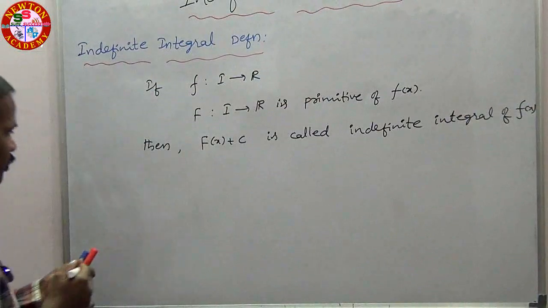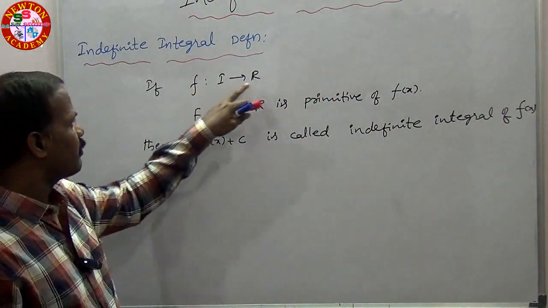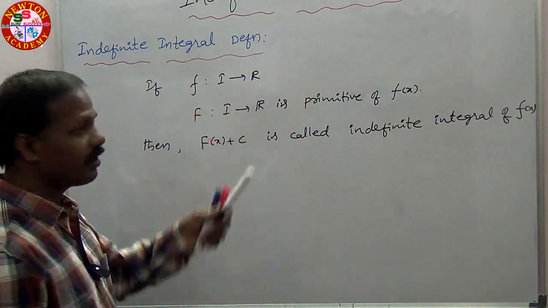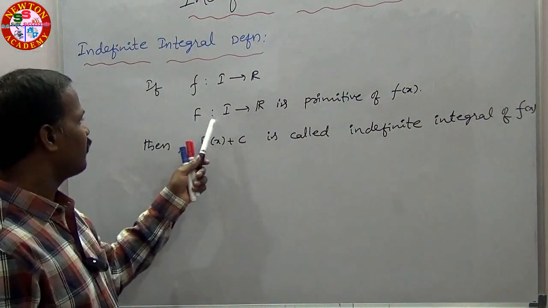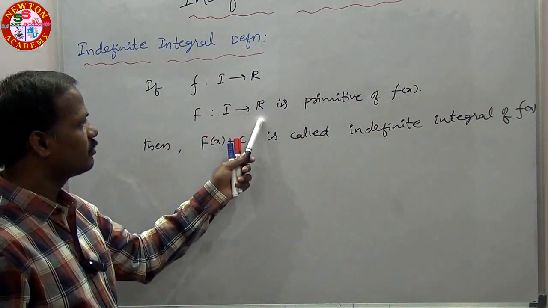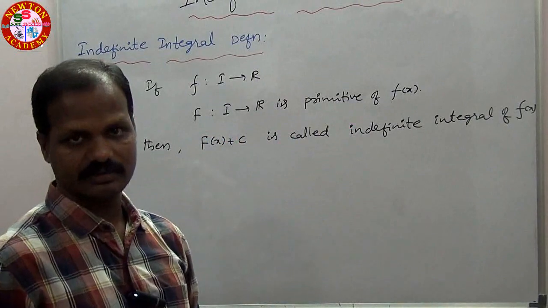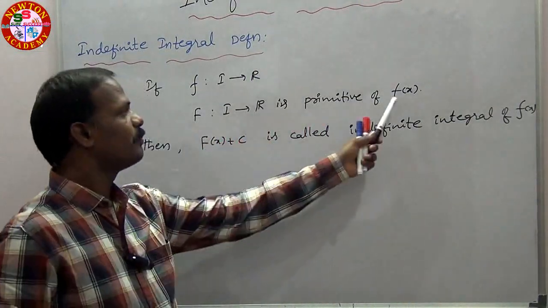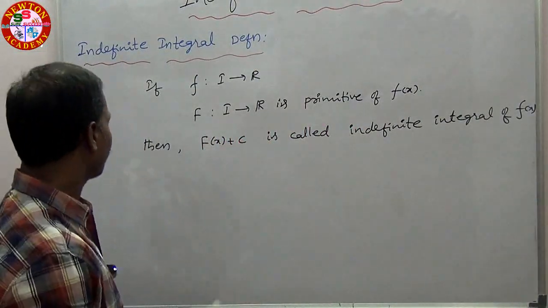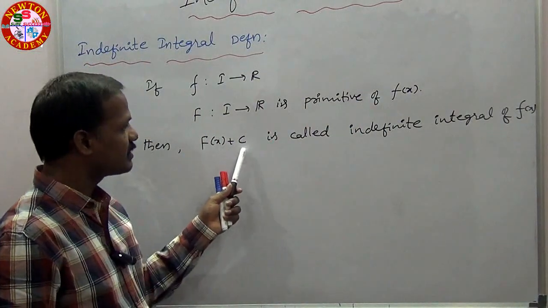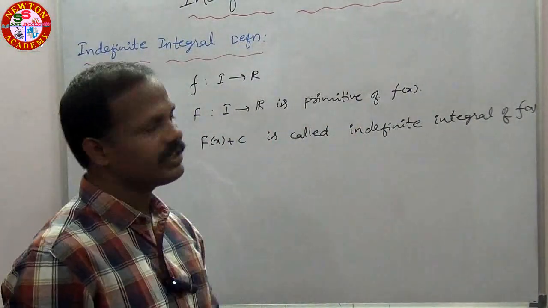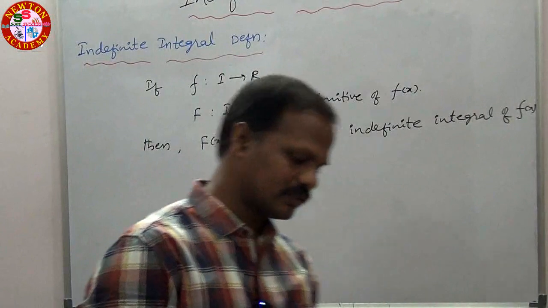Here f is a mapping from I to R, I is the interval, and capital F also maps from I to R and is the primitive of f of x. This capital F must be a primitive of f of x. Then F of x plus c is called the indefinite integral of f of x.